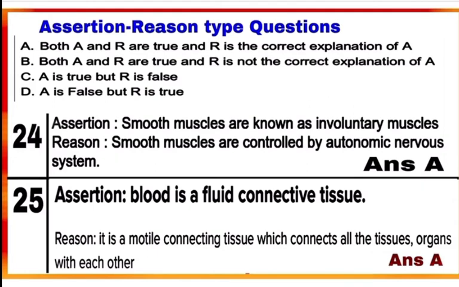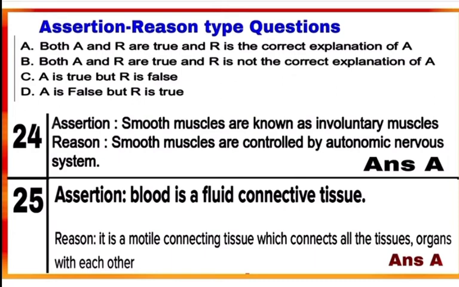Question 25. Assertion statement. Blood is a fluid connective tissue. It is true statement. See the reason. It is a motile connective tissue which connects all the tissues, organs with each other. This is also true and correct explanation of assertion.